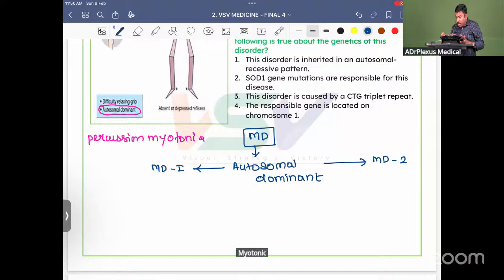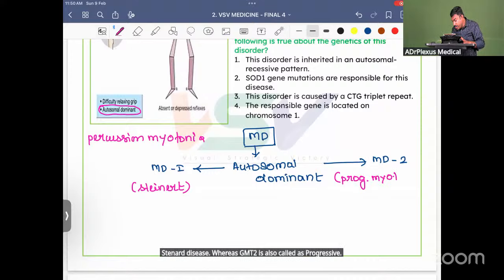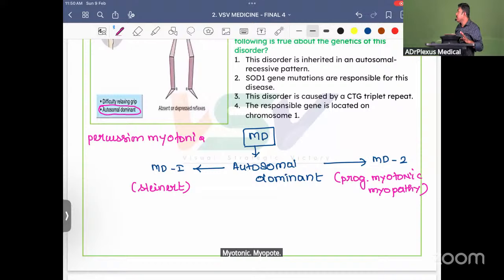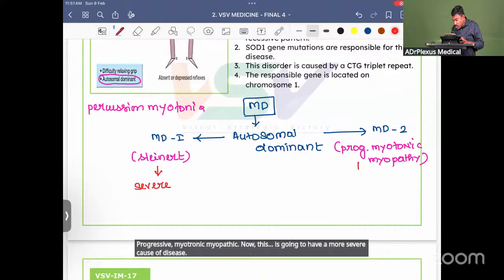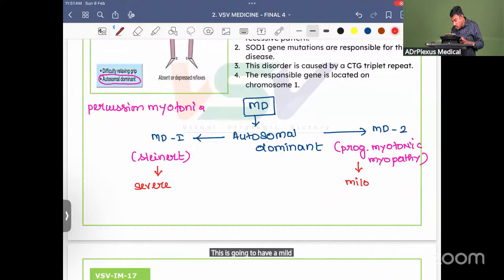Myotonic dystrophy type 1 is also called Steinert disease, whereas MD2 is also called progressive myotonic myopathy. Type 1 is going to have a more severe course of disease, while type 2 is going to have a mild course of disease.